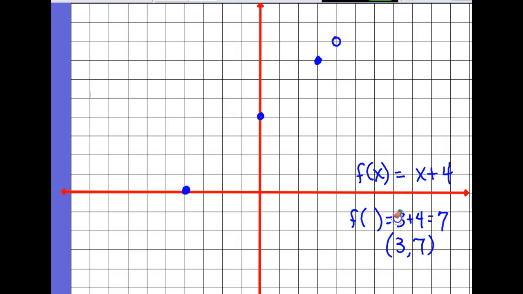If you put in the point 5, 5 plus 4 is equal to 9, that may go off my graph. Oh, there it is right there. And so you can see that these points are lining up in a straight line. It should be a straight line, not a crooked line.